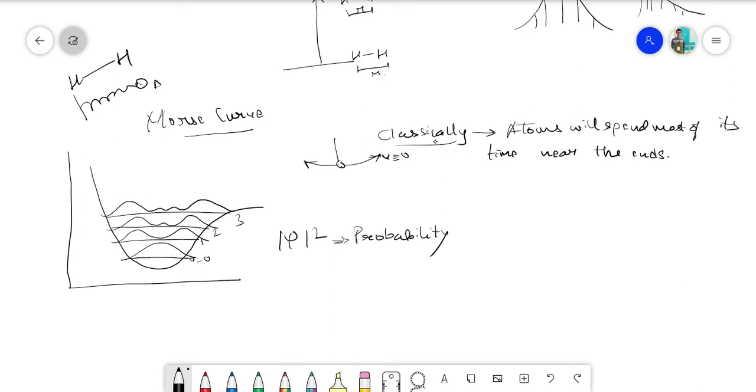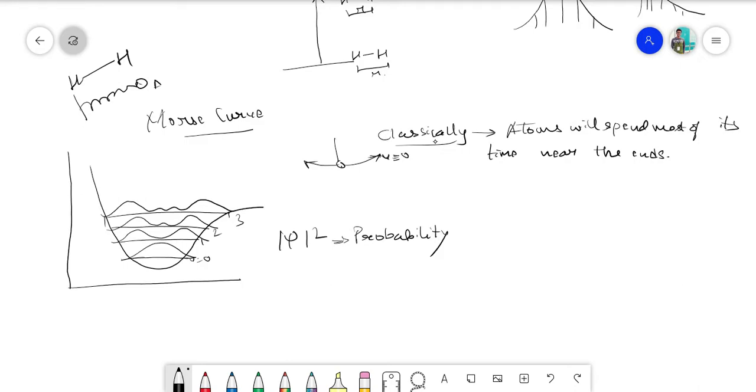But quantum mechanically, if you consider probabilities, as you go on increasing the vibrational energy levels, the presence of the particle towards the ends is larger. How do you see so? By the area of the curve. Since these are larger curves towards the ends, they spend more time towards the ends.